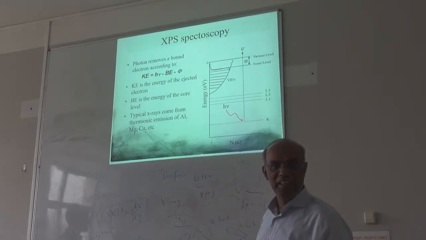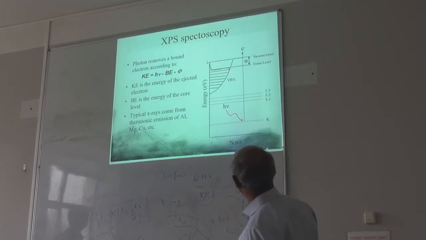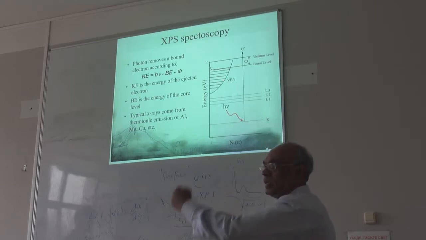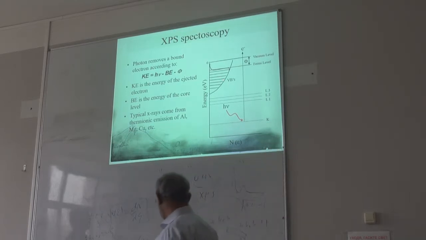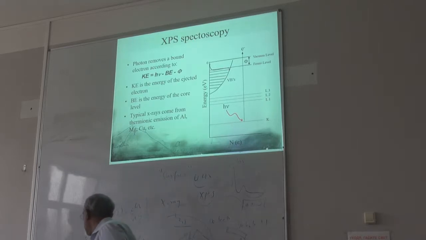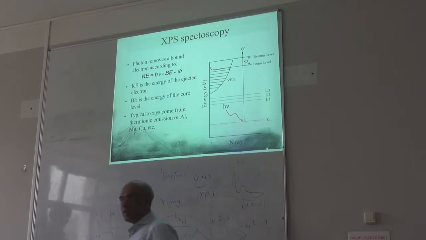Everybody is familiar. If you look at the valence band, we have these occupied states up to the Fermi energy, right? If you take the valence band, you have states filled up to something called Fermi energy.